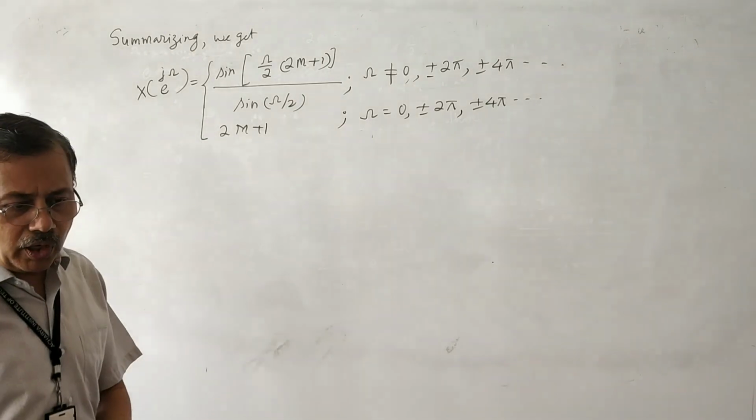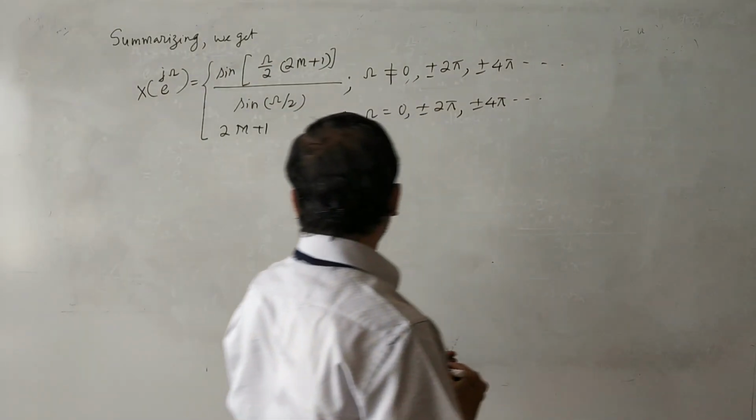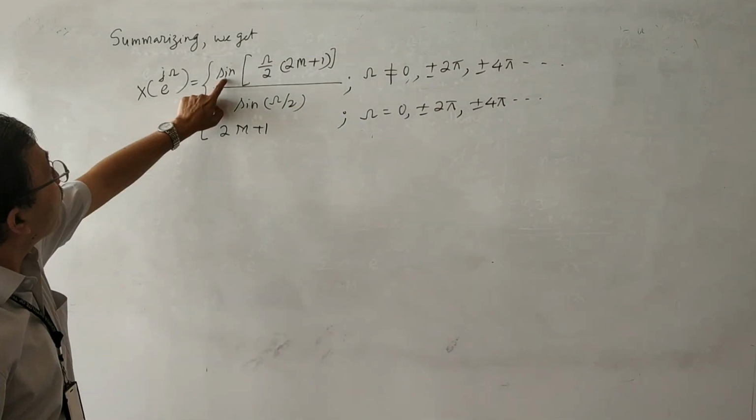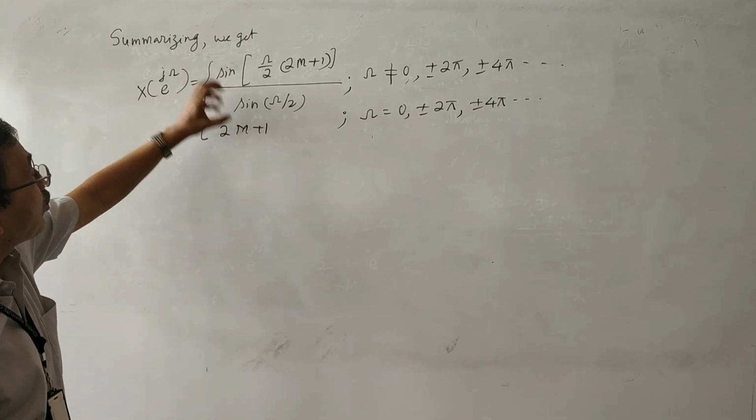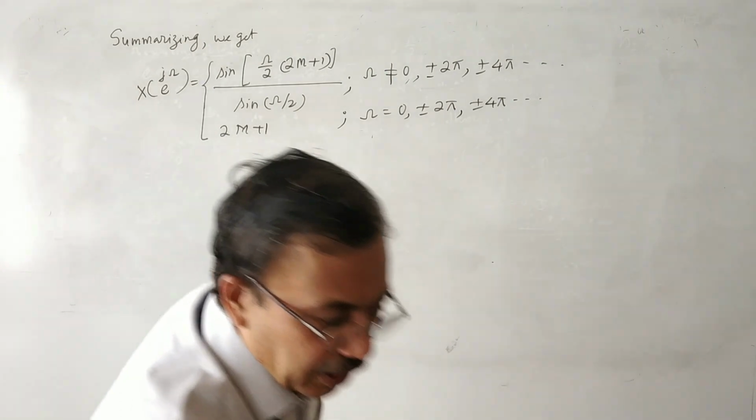Now we want to plot this spectrum. For plotting the spectrum, you see here, this is like sine AX by sine BX, an oscillating function, which I described in the starting of the problem.